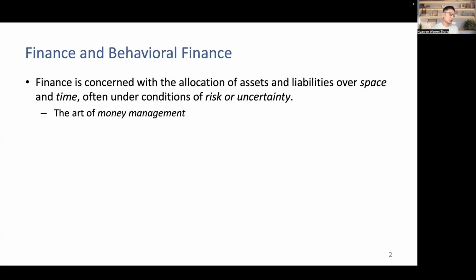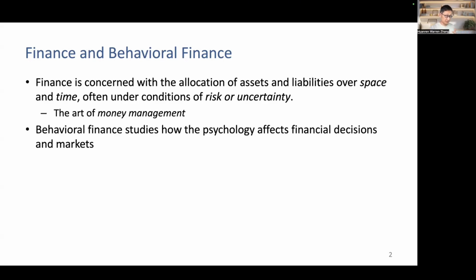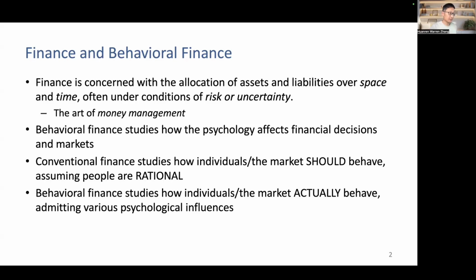Finance is also referred to as the art of money management. In contrast, behavior finance is a subfield of finance. It studies how psychology affects financial decision making and markets.